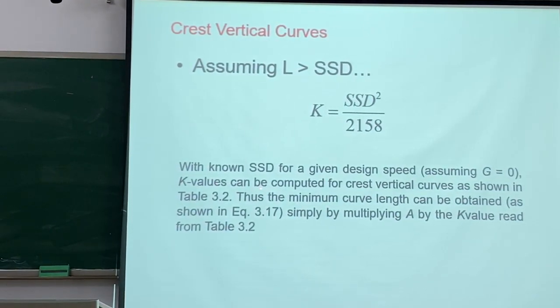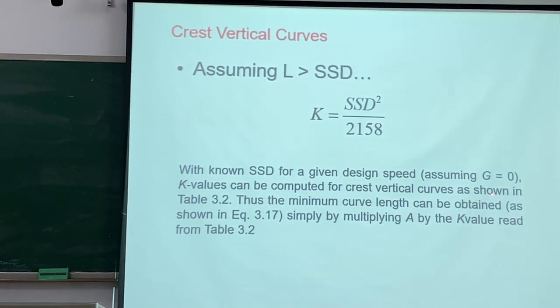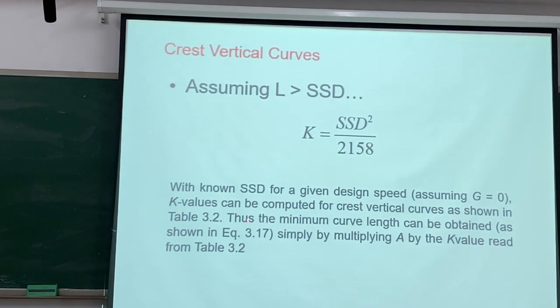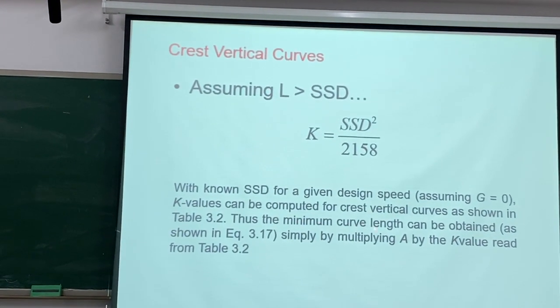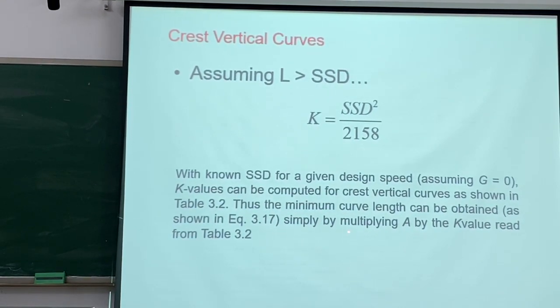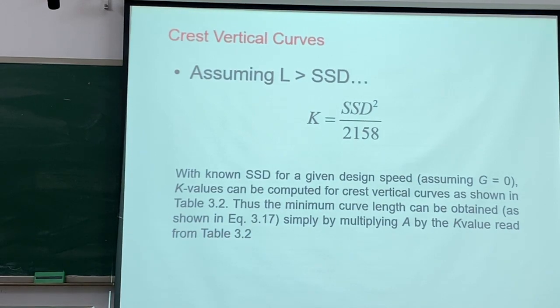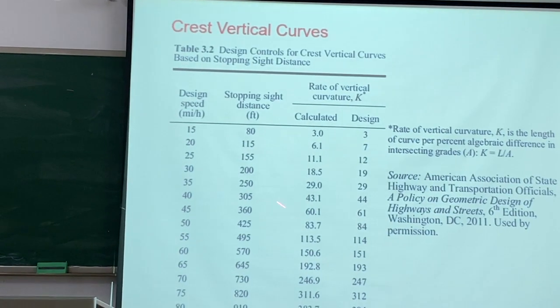K values can be computed for crest vertical curves as in the table. Thus, the minimum curve length can be obtained. Use this to simplify, multiplying A by the K value from table 3. Like this.